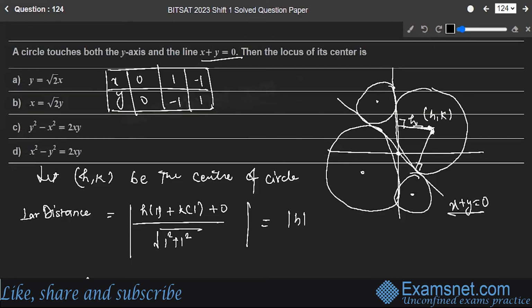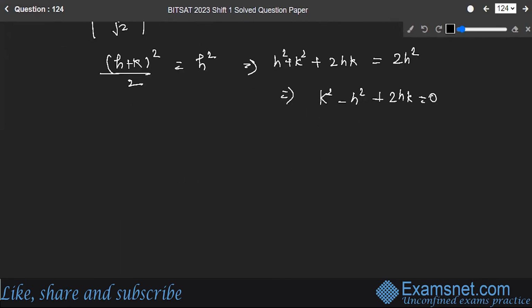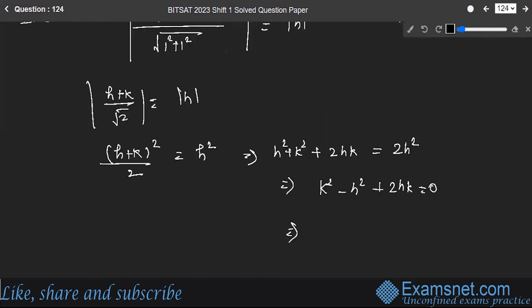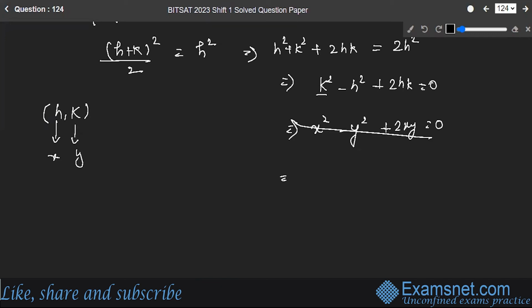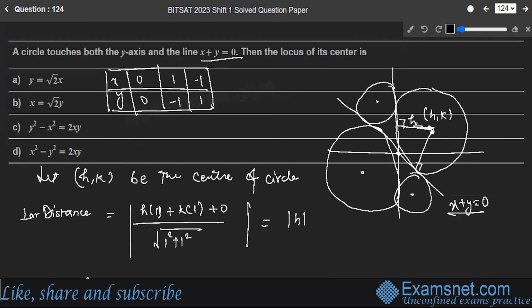Transforming this into x, y, this was your x and this was your y, sorry. This is y square minus x square plus 2xy is equal to 0, or you have x square minus y square is equal to 2xy. That makes option D the right answer.